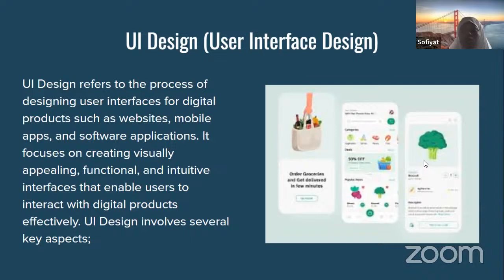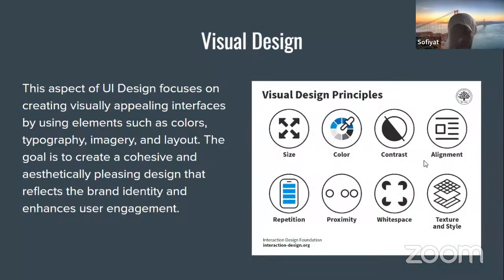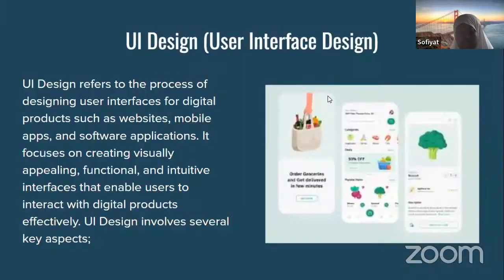So what is visual design? This aspect of visual design is in terms of using graphics. What are the things that your design needs to have? Don't forget, this is a design, and there is something you need to put there to make it appealing, to make it look good to your user.